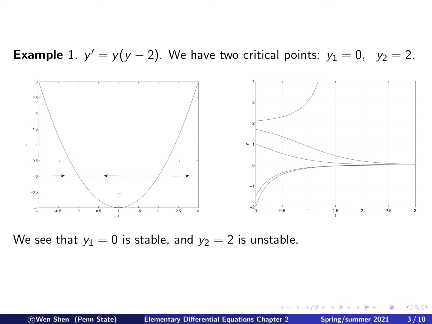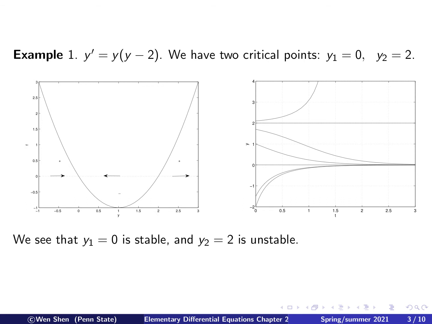And finally, for y bigger than 2, we see that y prime is bigger than 0, and the solution will be increasing, the direction field points upwards, so the solution will grow and grow and go all the way to infinity.